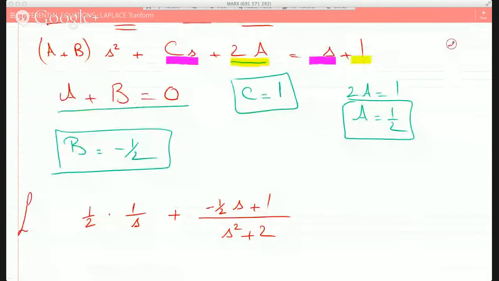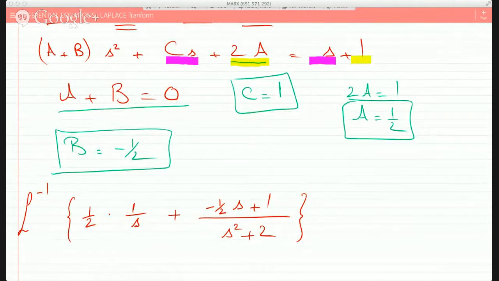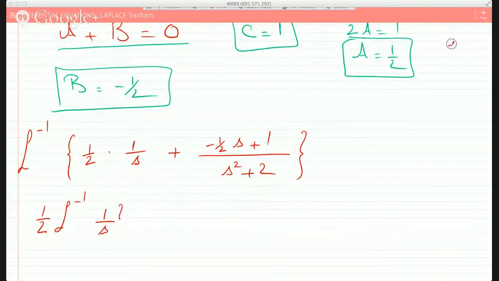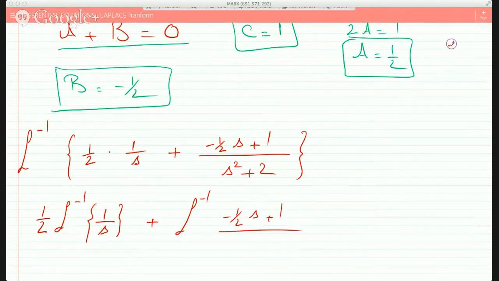And now what I need to do is take the inverse Laplace of all this, which means I can take the inverse Laplace of the first one, and the half is a constant, so I can pull it out, plus the inverse Laplace of minus 1/2 s plus 1 over s squared plus 2.